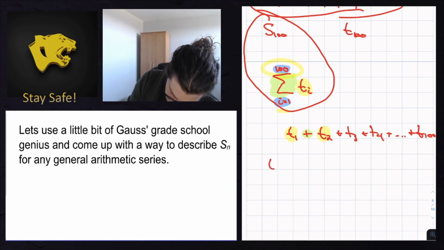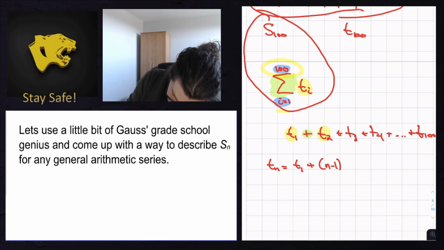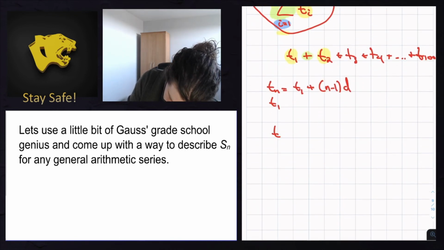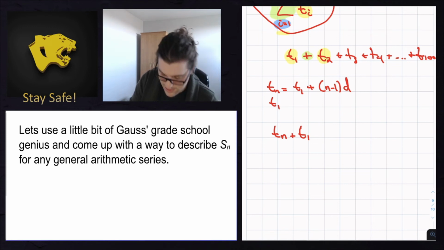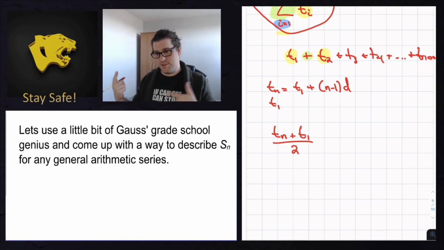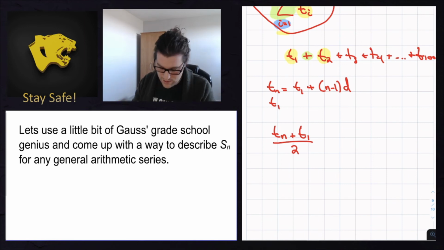If we know that Tn is equal to T1 plus n minus 1 times d, and we know that T1 is just T1, then I take the last term, Tn, and add it to the first term, and then I divide that by 2, because if I take the first term and the last term and add them, I'm going to get 2 lists. I guess I could divide by 2 at the end, but I'm just going to divide by 2 now.